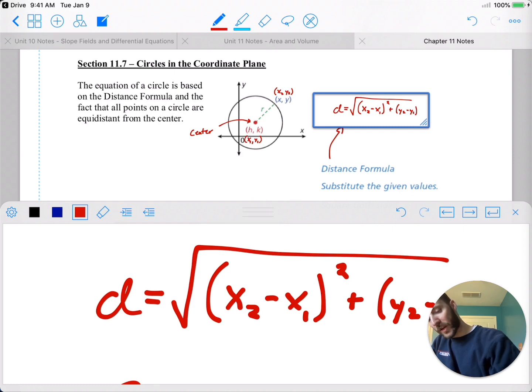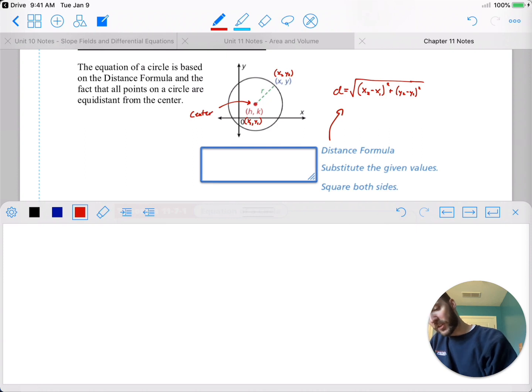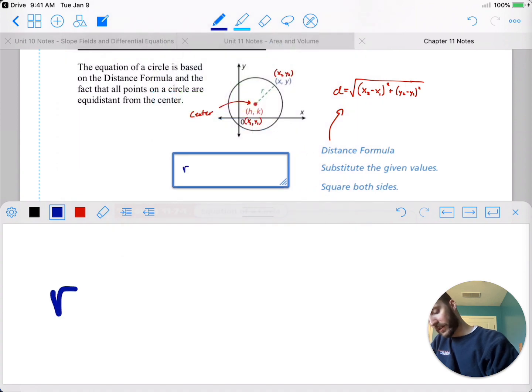And we've shown how the distance formula is a pretty close cousin to the Pythagorean theorem. They use the same ideas. The equation of a circle is the distance formula also. Just substitute the given values. So instead of d, we have r.